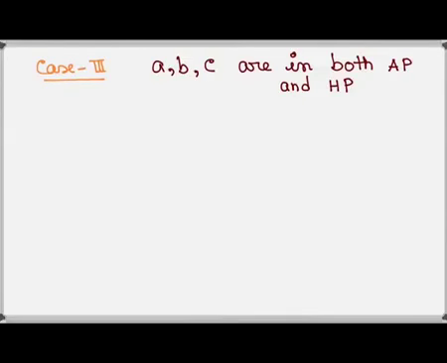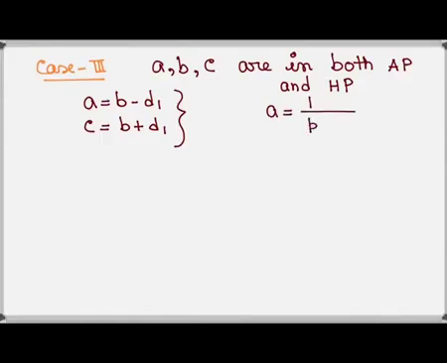As A, B, C are in AP, we write A is equal to B minus D1 and C is equal to B plus D1. Also, as they are in HP, we write A is equal to 1 by (P minus D2), B is equal to 1 by P, and C is equal to 1 by (P plus D2).